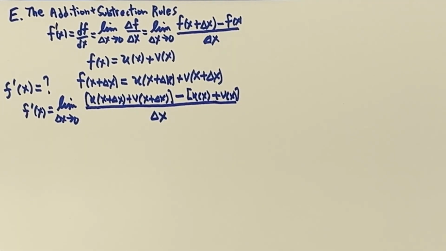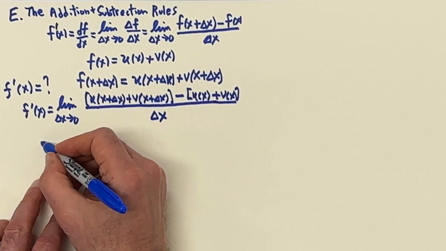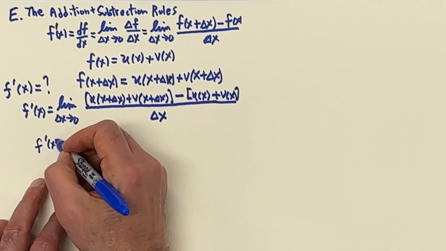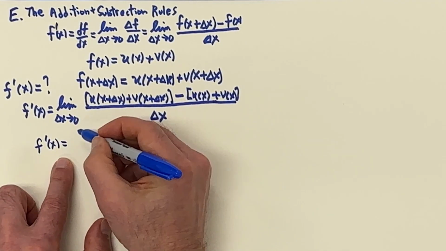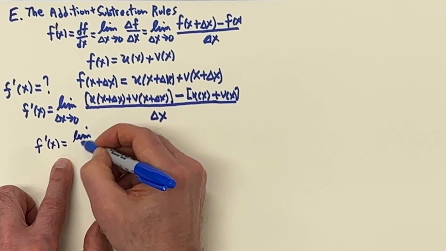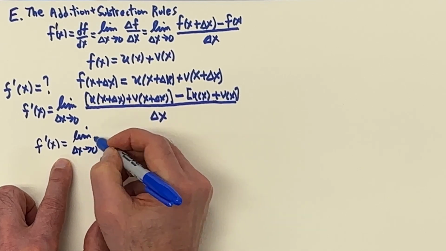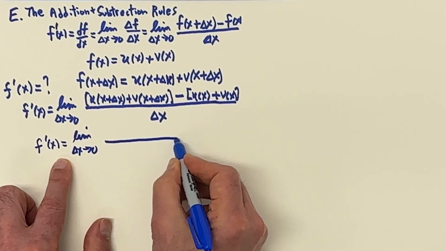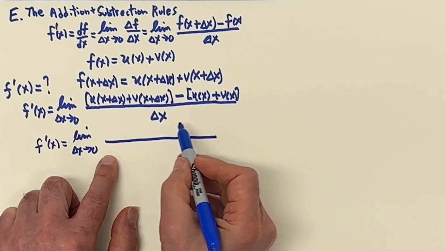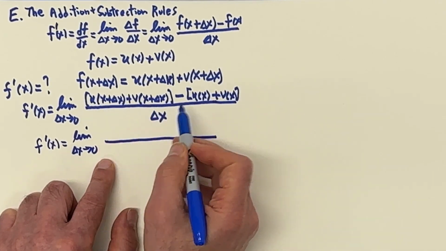Now I'm going to rearrange things in the numerator. The limit as delta x goes to 0. I have lots of stuff. I'm going to group all the u's together.